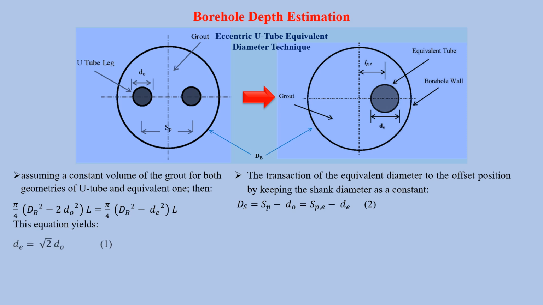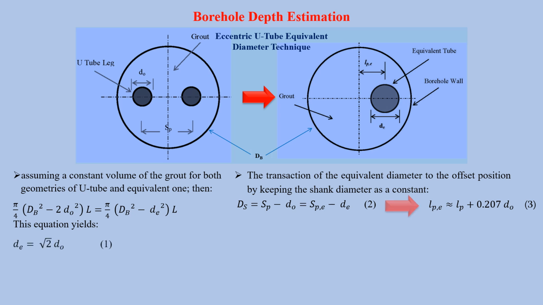And with some analysis and interpretations which have been described in the original paper, we have arrived at L sub PE nearly equal to L sub P plus 0.207 times D naught, as represented in equation number 3.